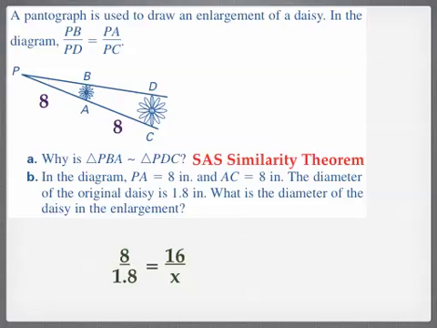I've set up PA, which is 8, over the diameter of the original daisy, which is 1.8, equals the whole side PC, which would be 8 plus 8, which is 16, over x, which would be the diameter of the enlarged daisy. When I cross multiply, I get 8x equals 28.8. You need to divide both sides by 8, and you find that x equals 3.6.